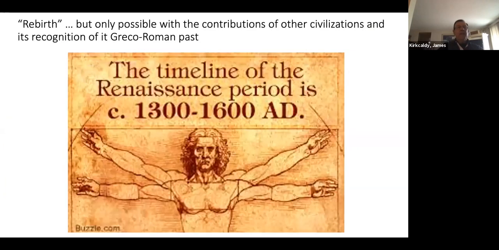And this is why finally in the late 1400s into the 1500s, with the help of Chinese and Islamic contributions, there was this rebirth in which Europe started to take off finally in terms of scientific pursuits.